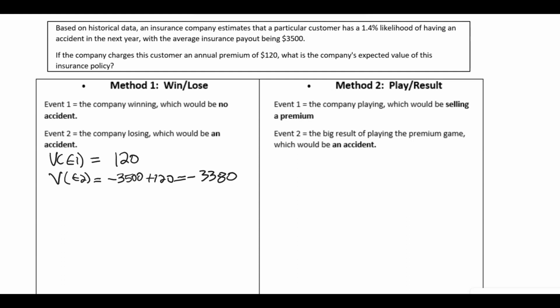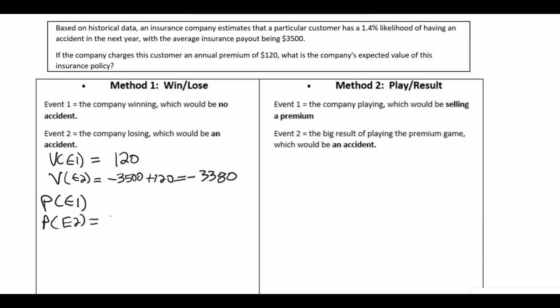Okay, now the probability of event one. What's the probability that there's no accident? And what's the probability that there is an accident? The probability that there is an accident is given in the problem, 1.4%.